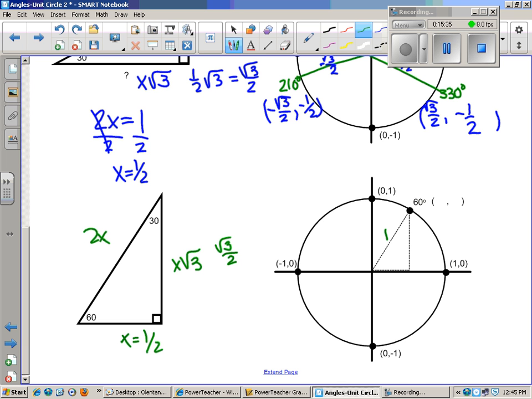It's just that we are tipping the triangle up on its top way, so that it hits the 60 degree instead of the 30. So see if you can find the ordered pair for this angle, this angle, and this angle, and then find their ordered pairs.